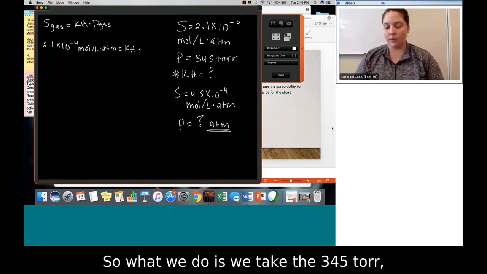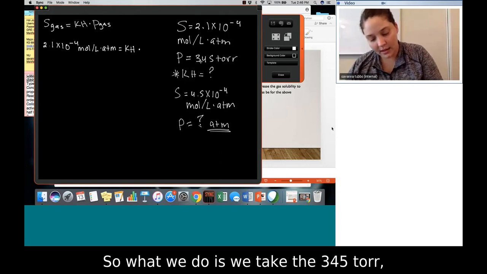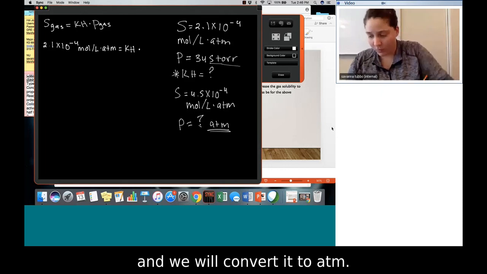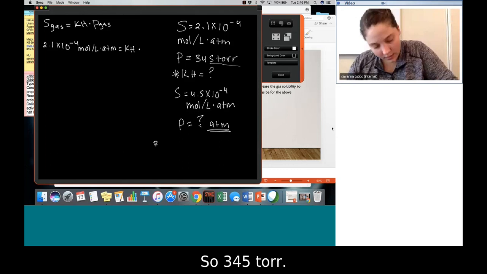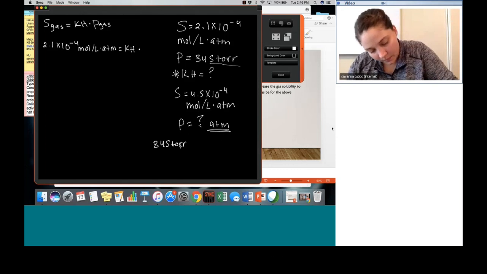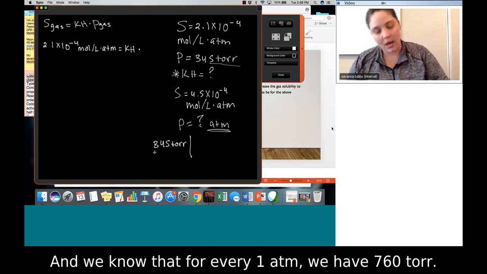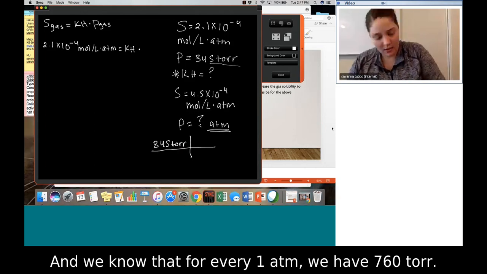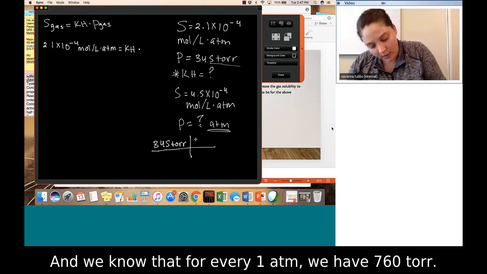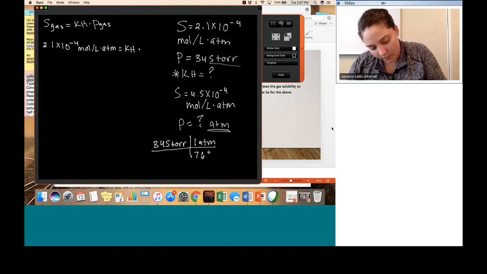So what we do is we take the 345 torr and we will convert it to ATM. So 345 torr, and we know that for every 1 ATM, we have 760 torr.